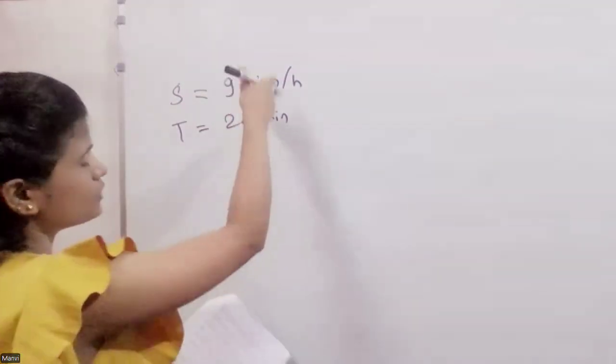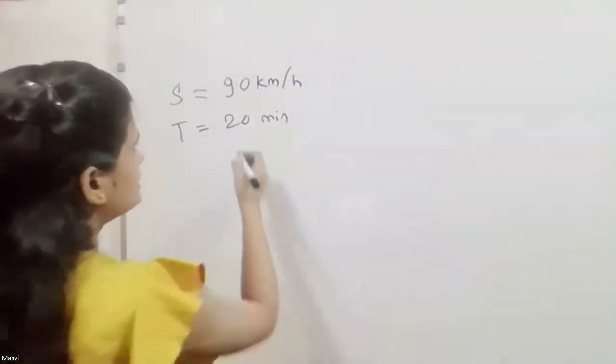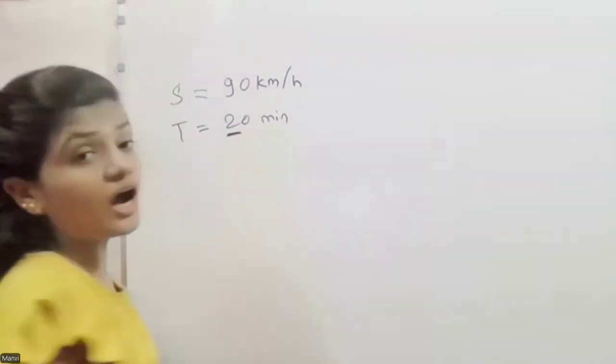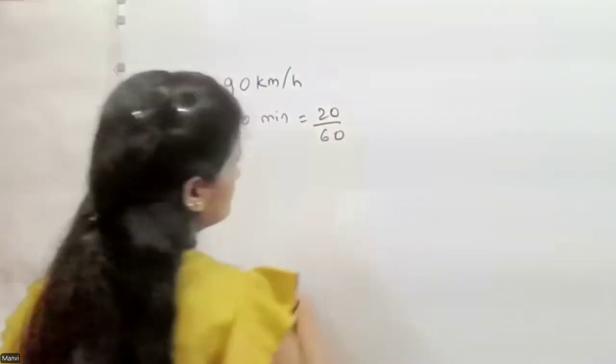So you can't do anything with these two. Units are different. You need to convert this 20 minutes into hours. So this will be 20 by 60.